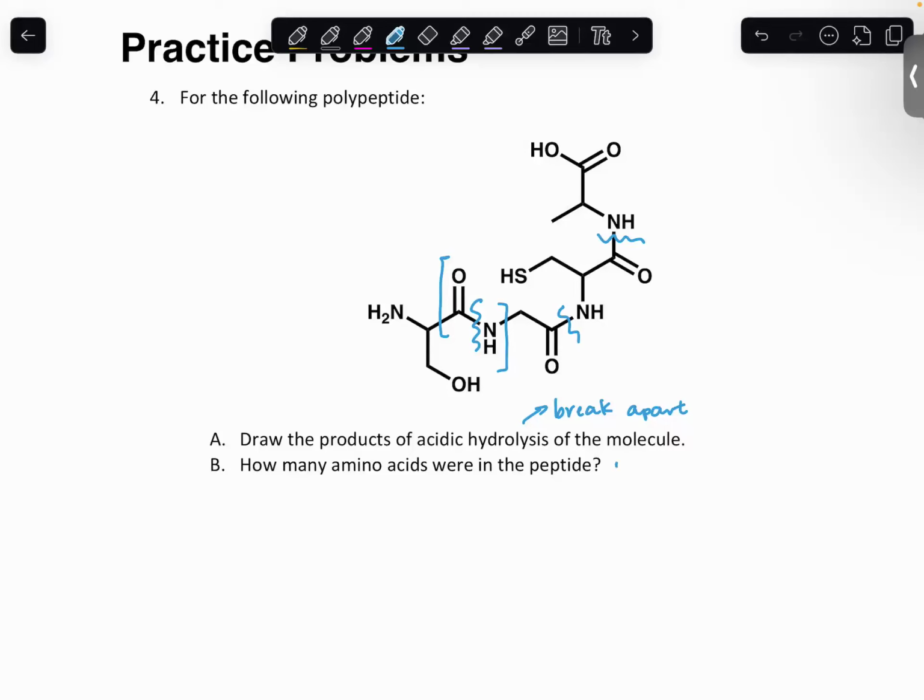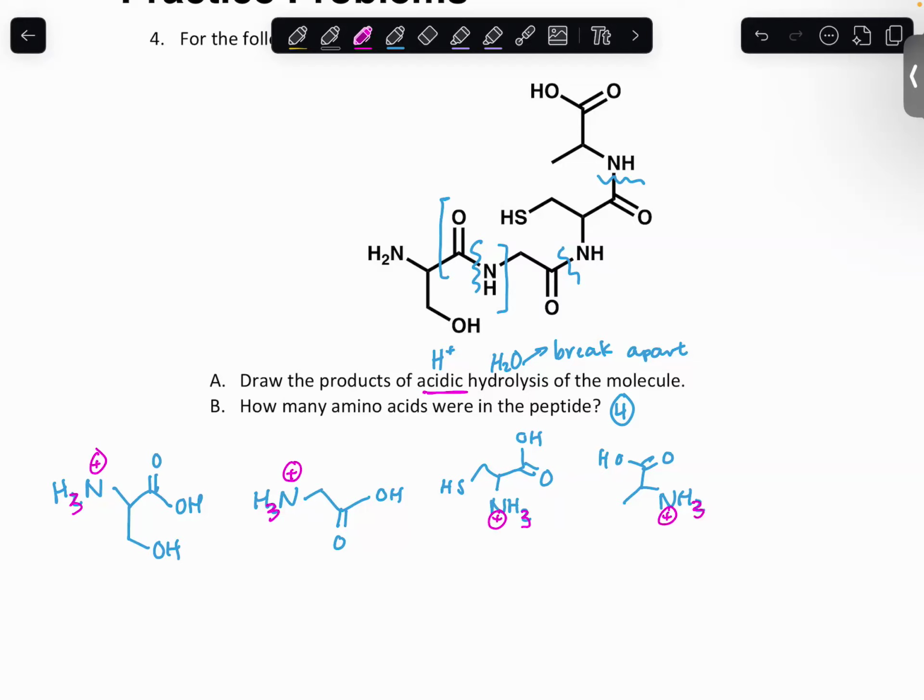So what do I have to change about these structures given that this is an acidic solution? The amines become positively charged. Questions on that?